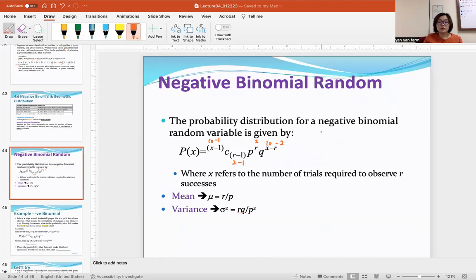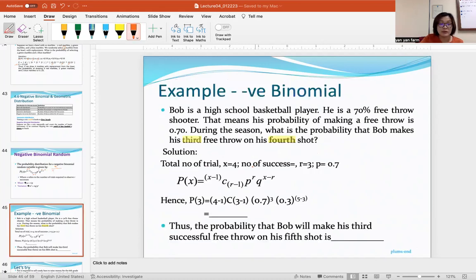So 9, among that I have 1, and another one is r minus 1.